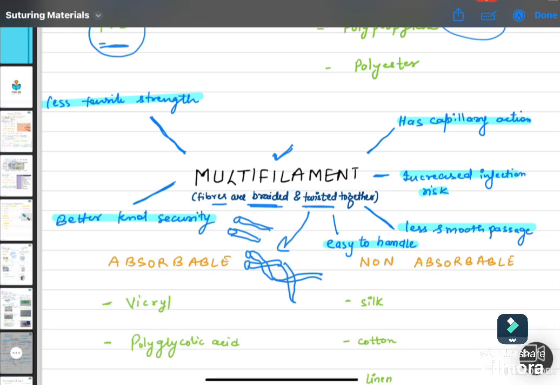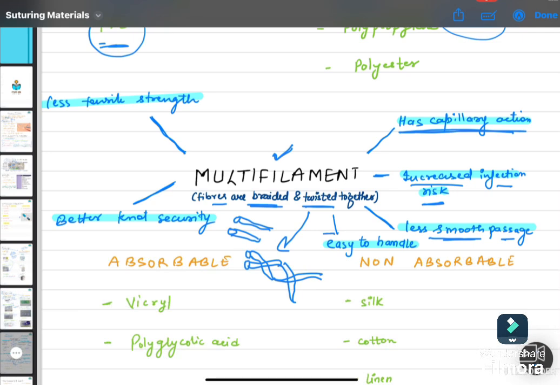Since there are multiple fibers, strands or filaments in this material, it shows capillary action. It absorbs some liquids or discharges from the surroundings where it is sutured. Hence it shows increased infection risk and less smooth passage.